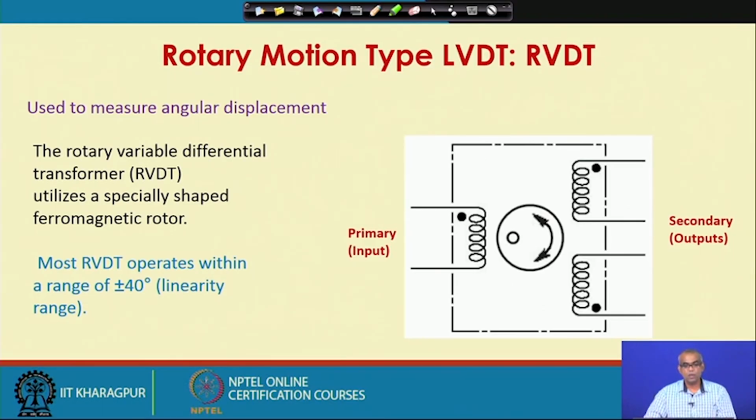There is a rotary motion type LVDT known as RVDT. Full form is rotary variable differential transformer. The rotary variable differential transformer or RVDT is used to measure angular displacement.